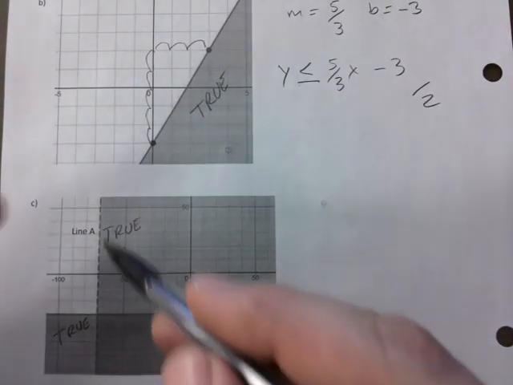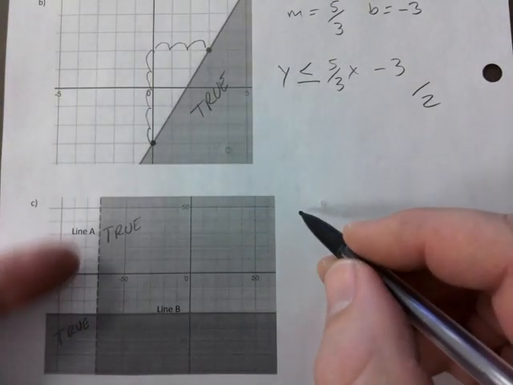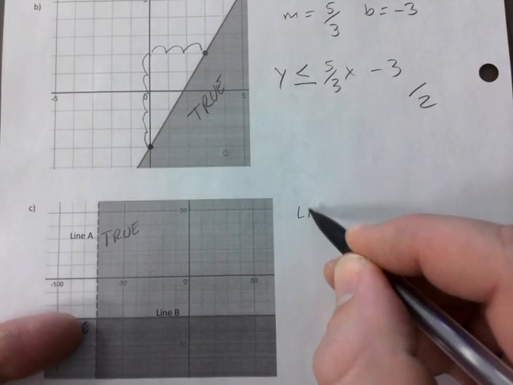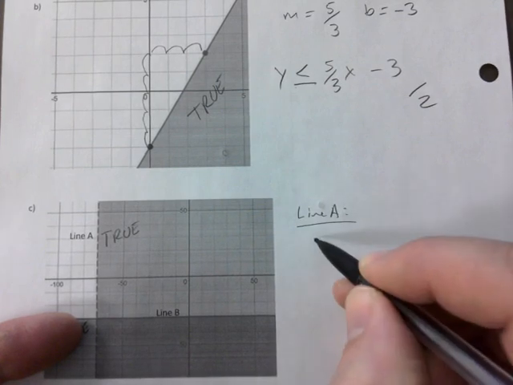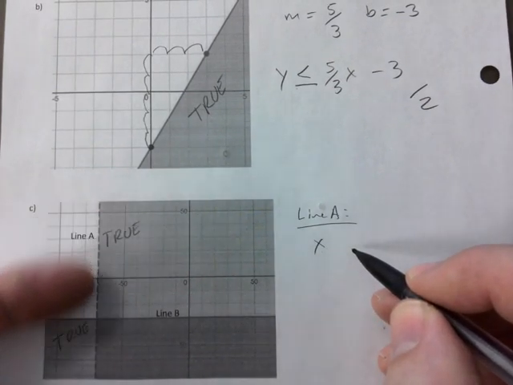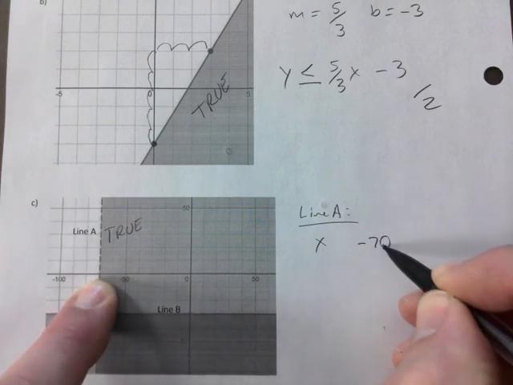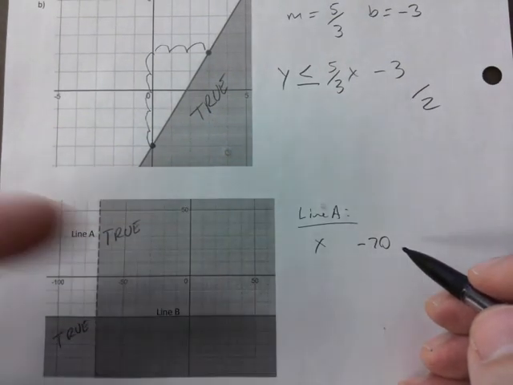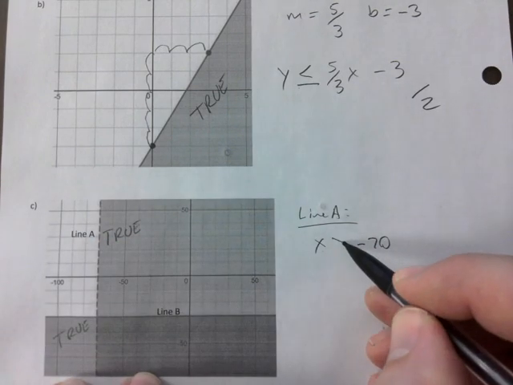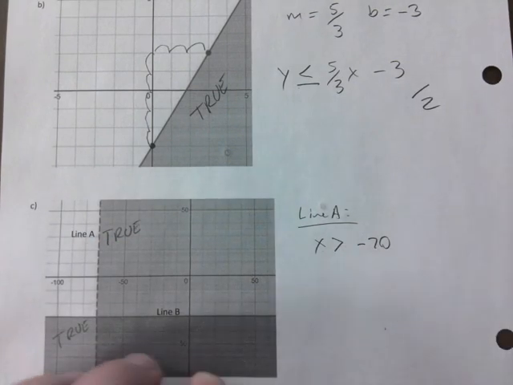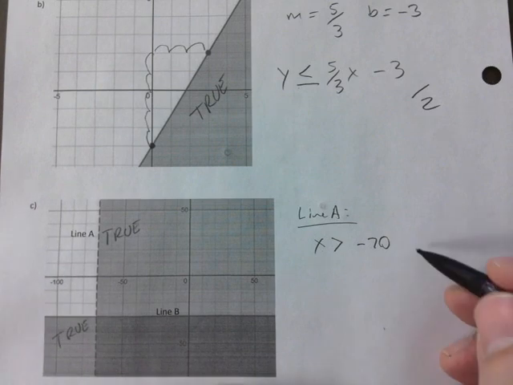Last one. Let's do line A first. That's a vertical. So line A, x, and it goes through, did you notice the big numbers? That's negative 70, right? True is to the right. So I have to go greater than, and it's dashed, so I just leave it like that. 1 mark.